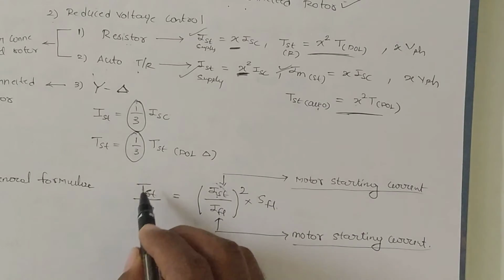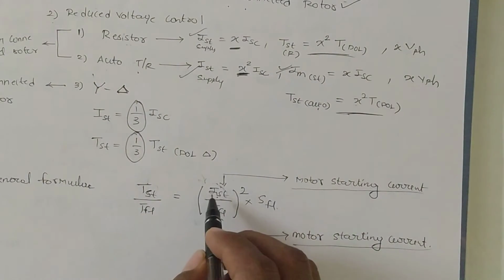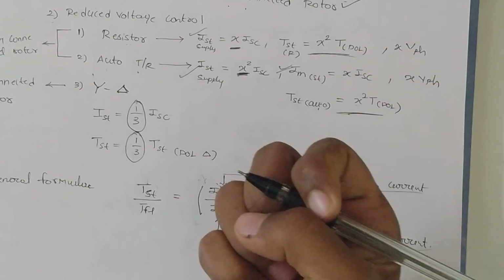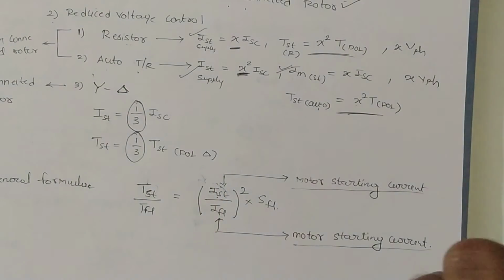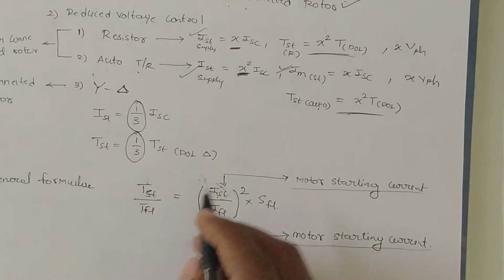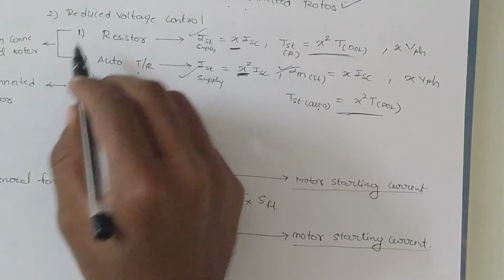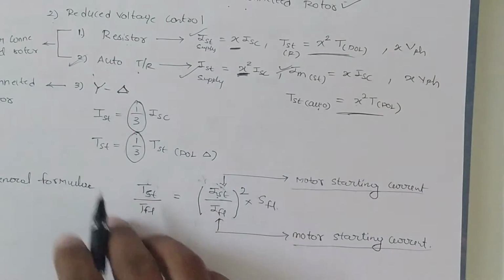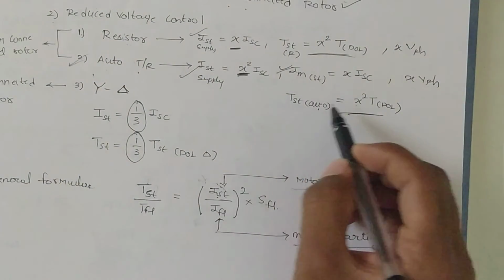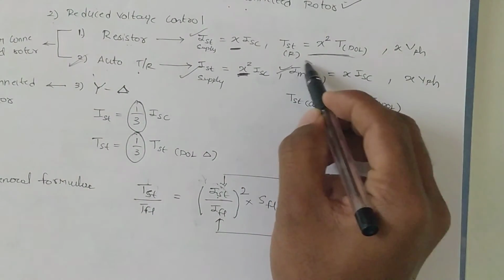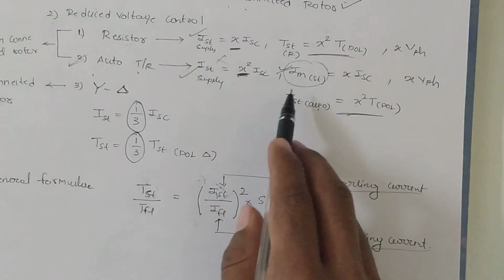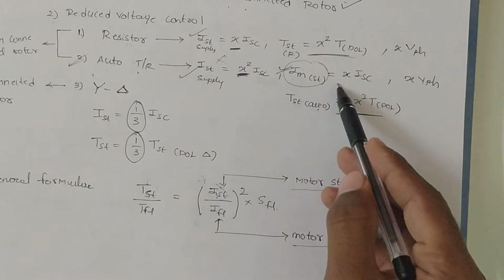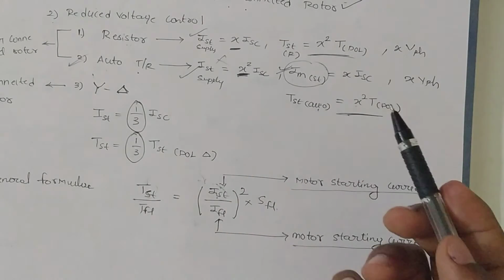Why? Because torque is defined based on the current the motor is taking, not on the supply. Like in the case of auto transformer, you have to substitute x into ISC, not x square into ISC in this relation.